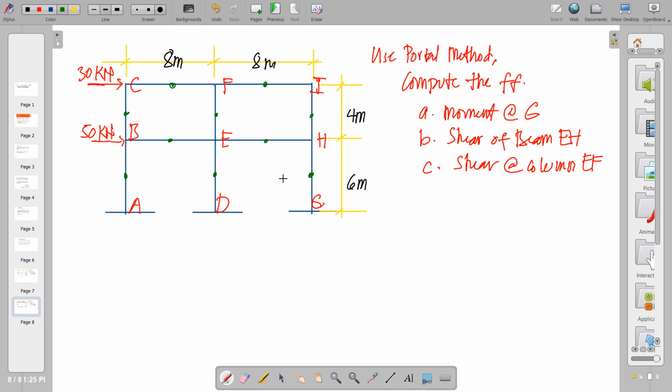So in that way, for the moment at G, we'll just have to isolate the cut portion at G. If you're going to cut that one, there will be a vertical force here, an axial, and a horizontal force.